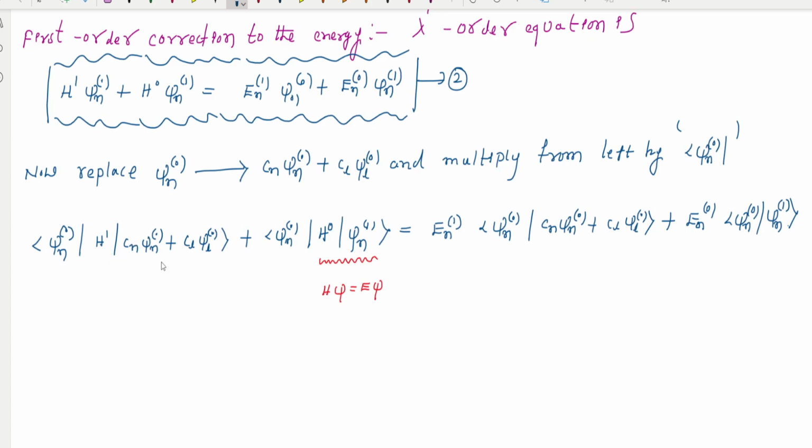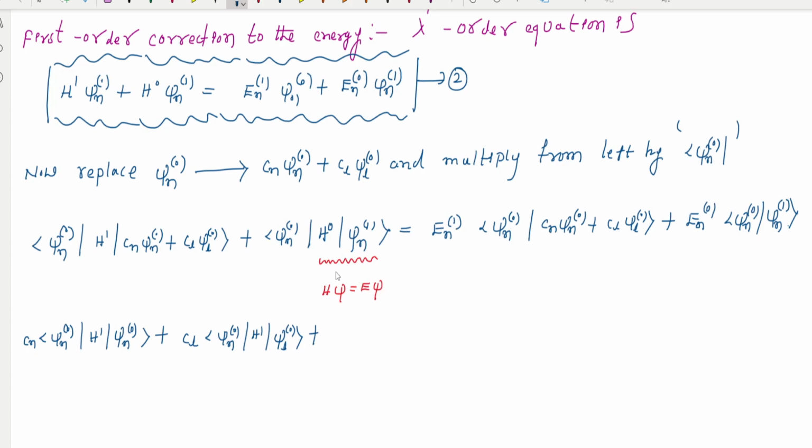So I'm going to split this one also at the same time. Cn psi n power 0 h prime psi n power 0 plus Cl psi n power 0 h prime psi l power 0 plus, so this is the eigenvalue equation.